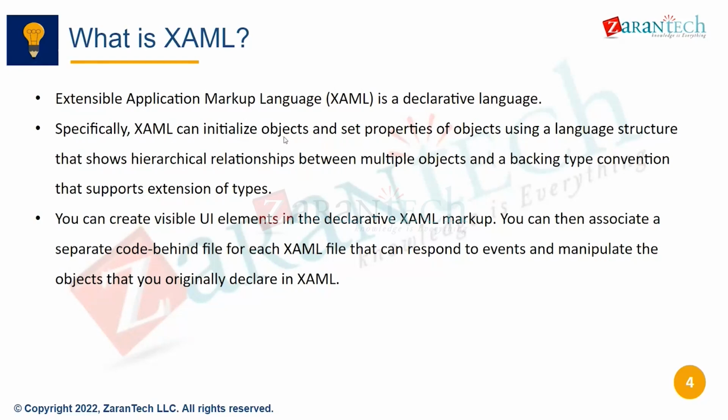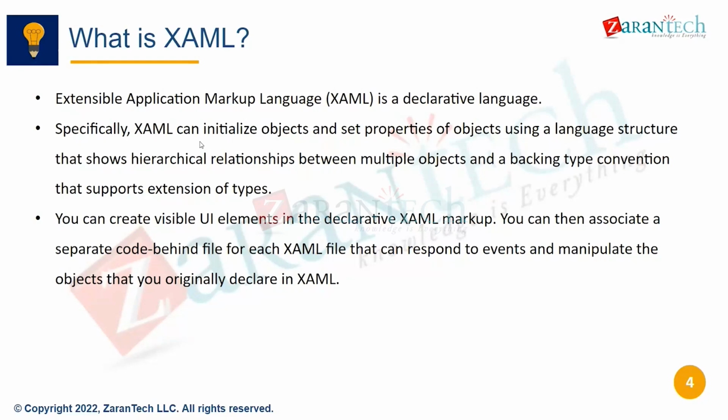XAML can initialize objects and set the properties of the objects using a programming structure. So what are the objects in XAML? They are controls, layouts, some user controls, and their properties.